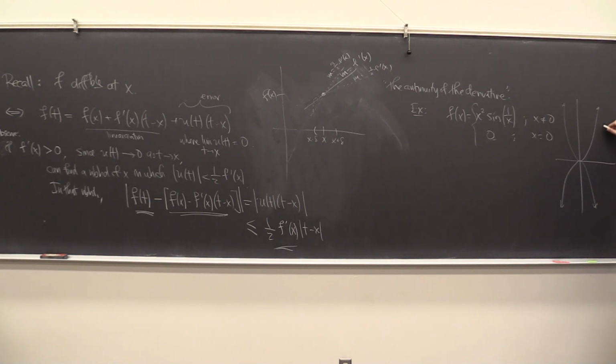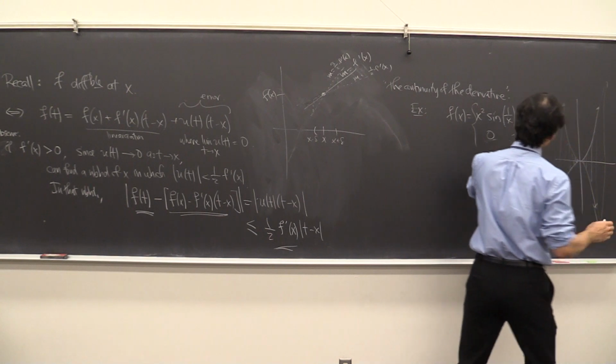So you're multiplying a sine function that speeds up as you get closer to 0. But you're multiplying it by x squared, so it looks something like this, right? It's kind of slow on the outside, but as you get closer, the frequency speeds up.